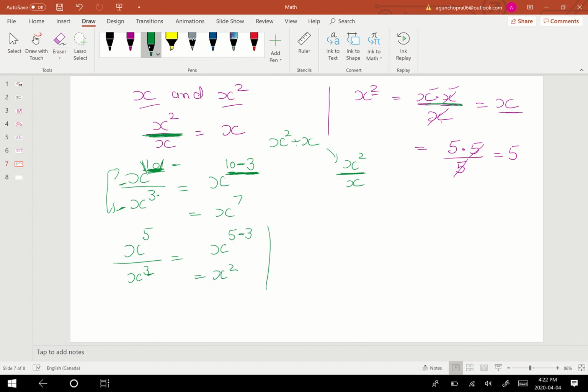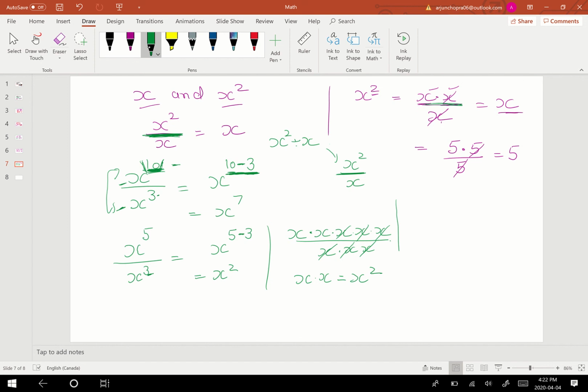And for those students who haven't understood why, in the detailed version I can write x times x times x times x times x, 5 x's, and here I have 3 x's, so I can cancel one x with this, another x with this, another x with this. I'm left with 2 x's, x times x, which gives me x squared. So that is the detailed version.